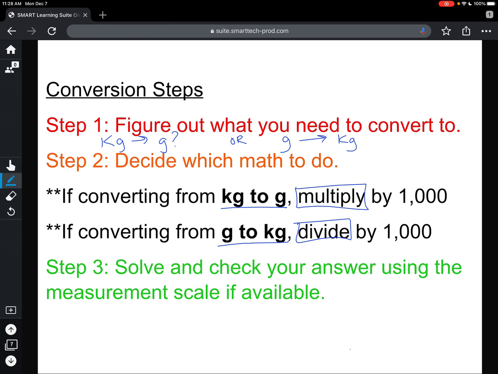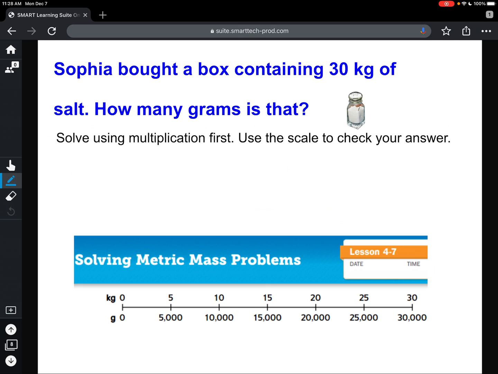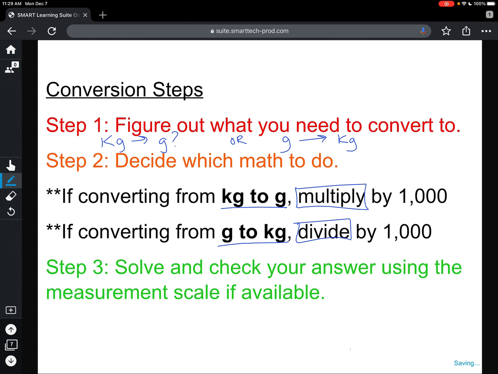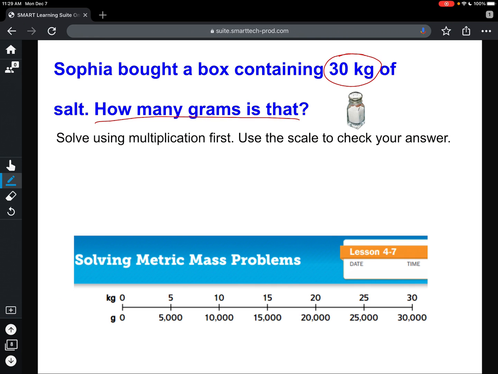So, let's do some practice. Sophia bought a box containing 30 kilograms of salt. How many grams is that? So, step number 1 said we have to figure out what we need to convert to. Are we converting from kilograms to grams or grams to kilograms?